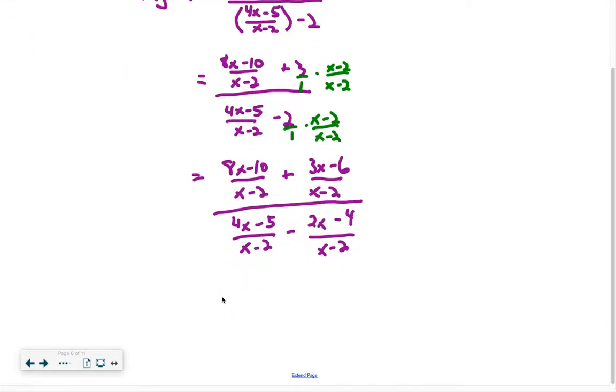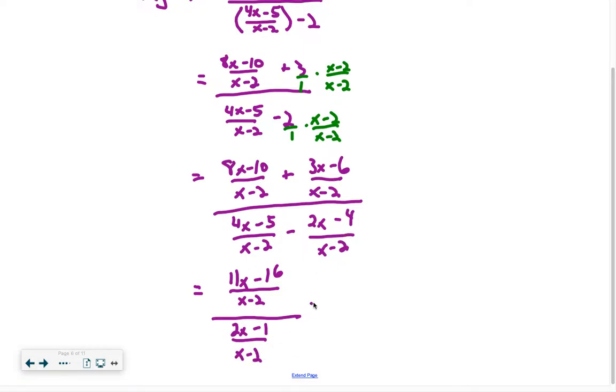And then we can combine my like terms here. So 8x plus 3x would be 11x. Negative 10 plus negative 6 would be negative 16 over x minus 2. And that'll all be over. So 4x minus 2x would be 2x. And negative 5 minus negative 4 would be negative 5 plus 4. So minus 1 over x minus 2.